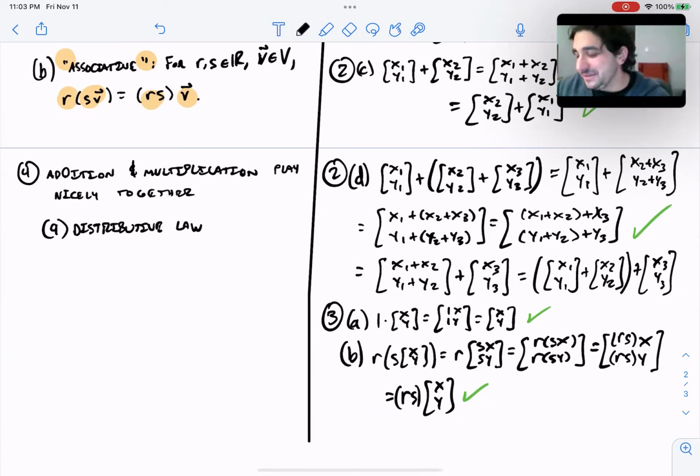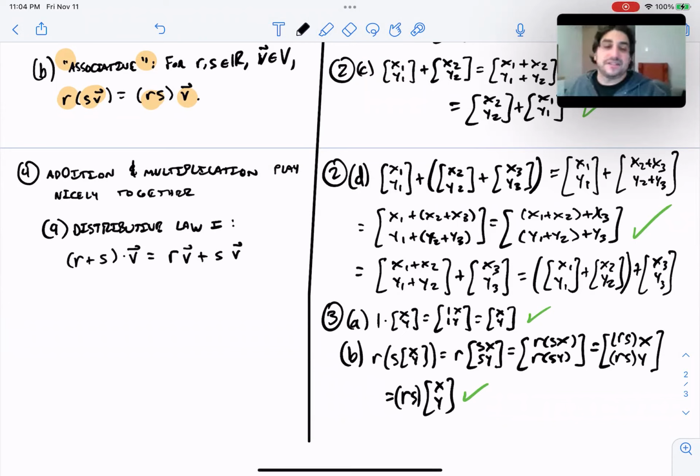The first distributive law says that if you have a scalar added to another scalar times a vector, that's the same as adding together the sum of each scalar applied to that vector. So this is saying that vectors distribute over addition of scalars. That's one way you can do a distributive law.